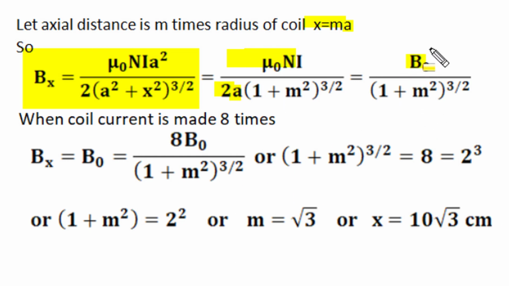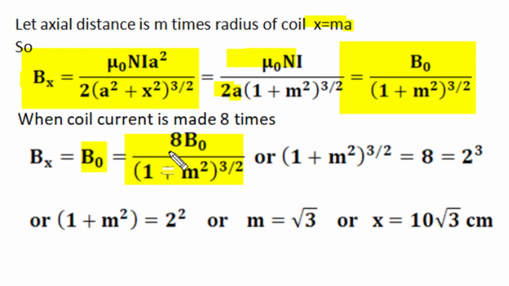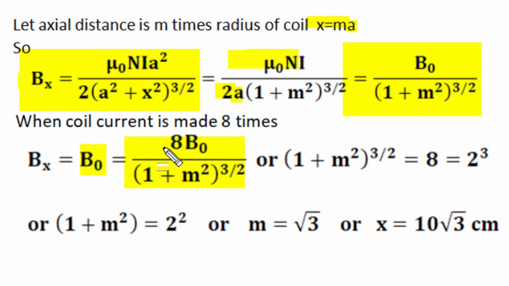So in terms of the center magnetic field flux density B naught and the axial distance as a multiple m of the coil radius, we can write the axial magnetic field as B naught divided by (1 plus m square) raised to power 3 by 2. When the coil current is made 8 times, this center value becomes 8 times, and at a certain axial distance equal to ma, the magnetic field becomes the previous axial value, and magnetic neutrality will again occur at that distance.